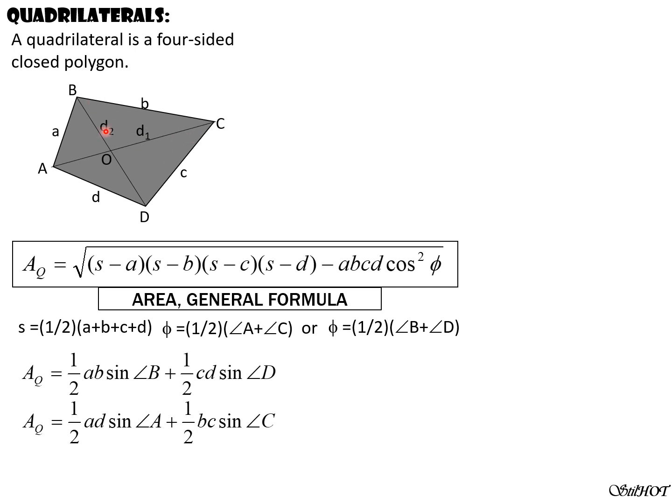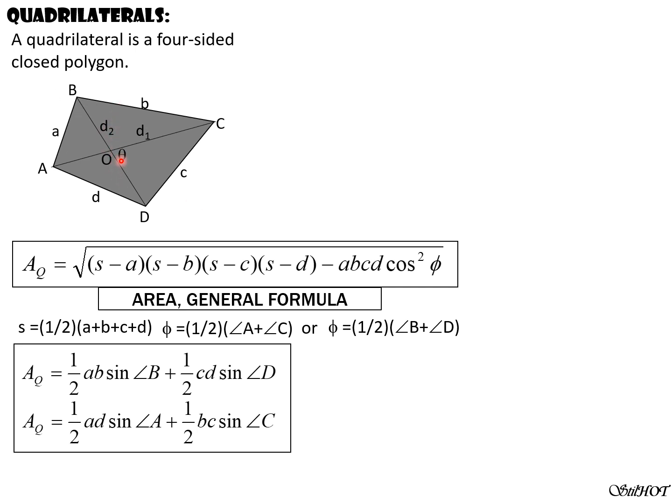Then these diagonals divide the quadrilateral into four parts. So it is equal to the area of triangle ABO.